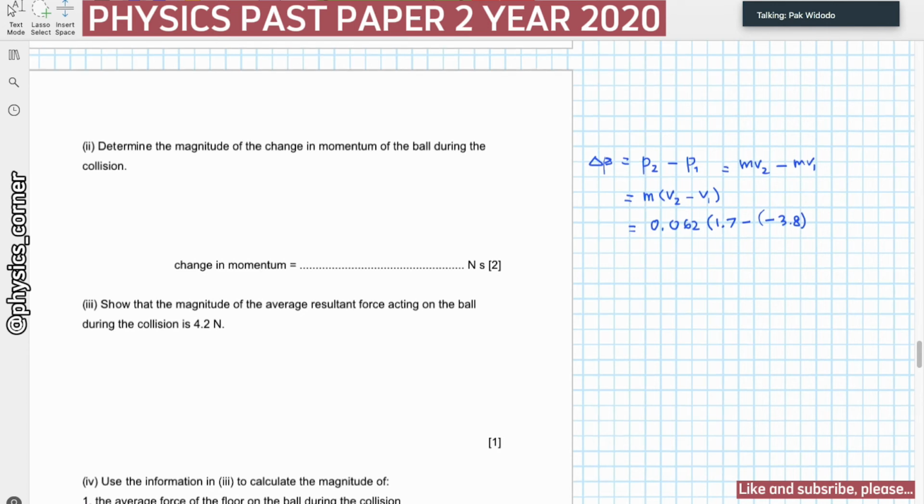Why negative again? It is minus negative because the direction is different. This direction is up, this direction is down. So when up is positive, down is negative.